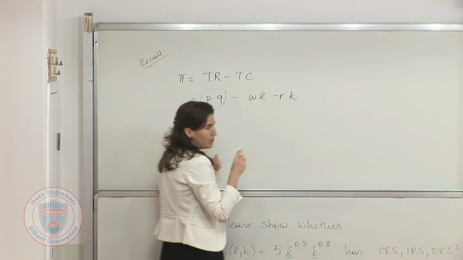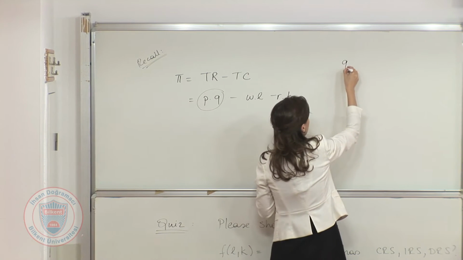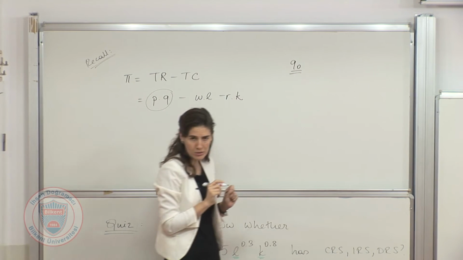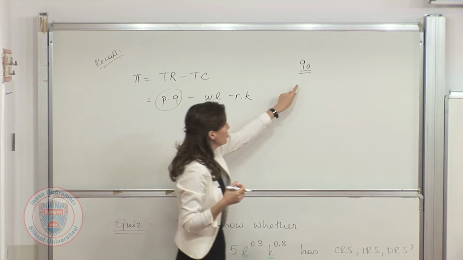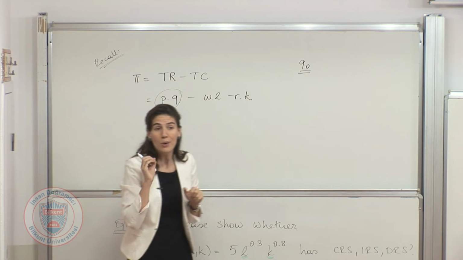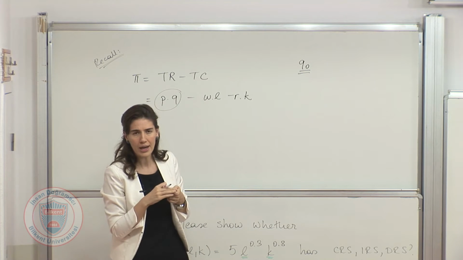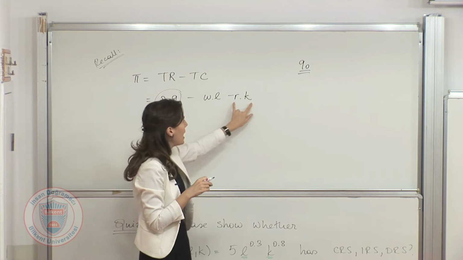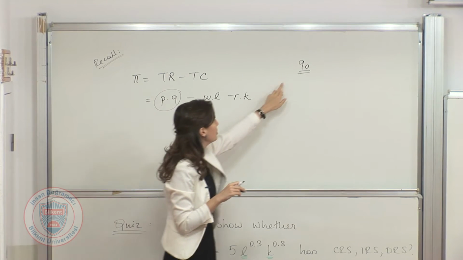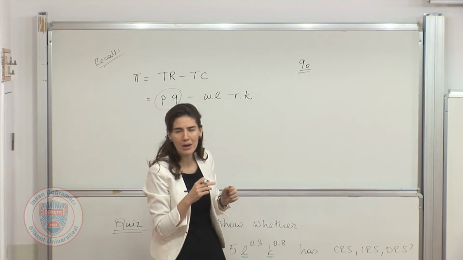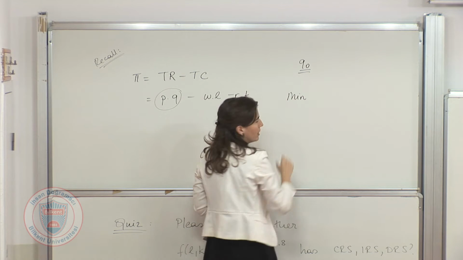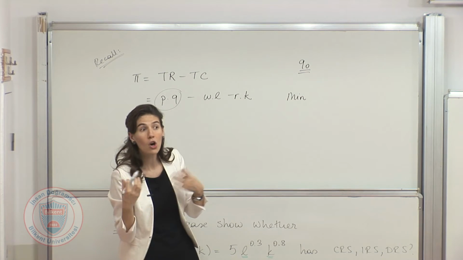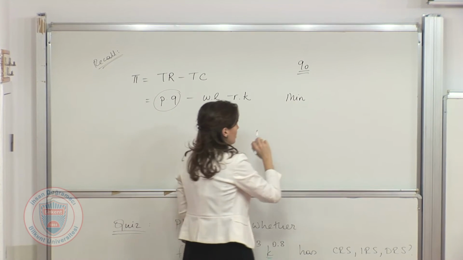But instead, we're going to assume that the firm would like to produce, let's say, Q0 amount. And then we will try to find, in order to produce this Q0 amount, what is the minimal cost, right? So if you want to use labor and capital, and if you want to produce this Q0 amount, what is the minimal cost? This is going to be the cost minimization problem that you're going to solve.